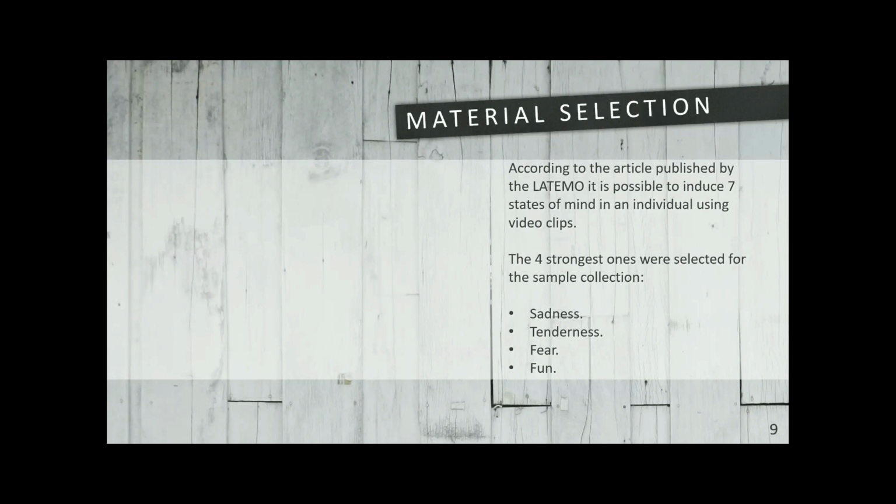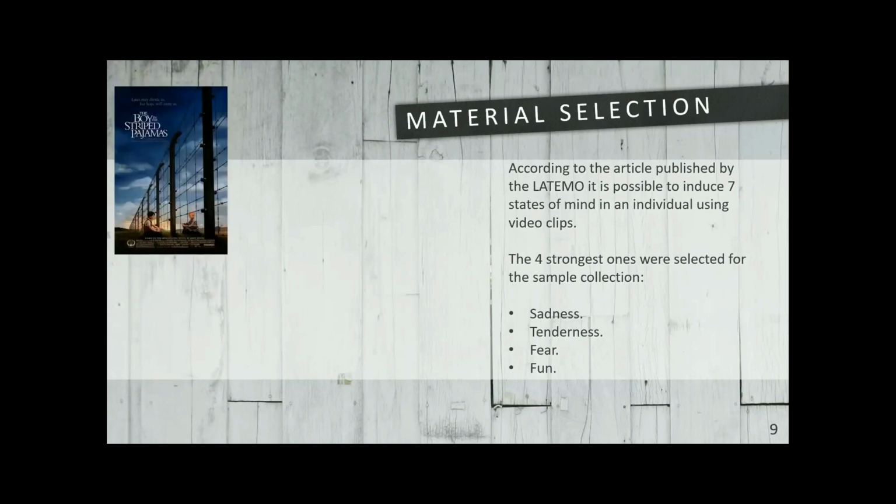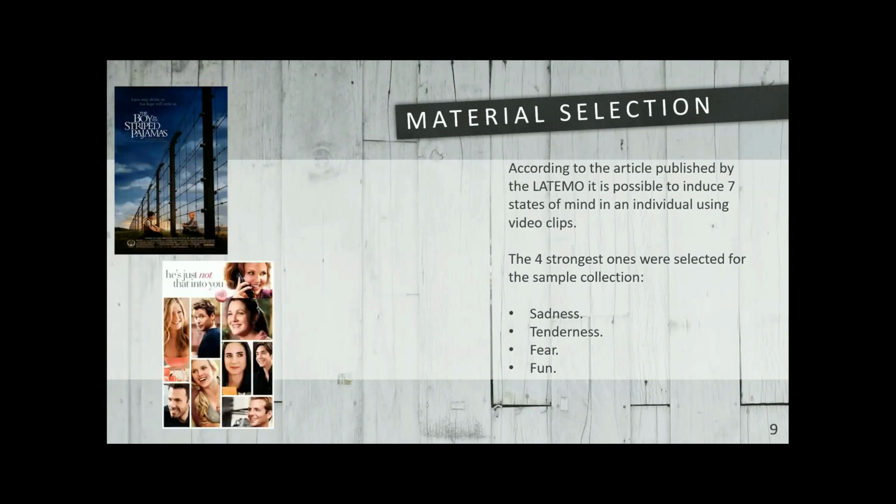This dataset has 70 clips, all of them in Spanish. They have 7 emotions, or several emotional states, but we choose the 4 strongest. That was sadness, and the clip was The Boy in the Striped Pajamas with 90%.